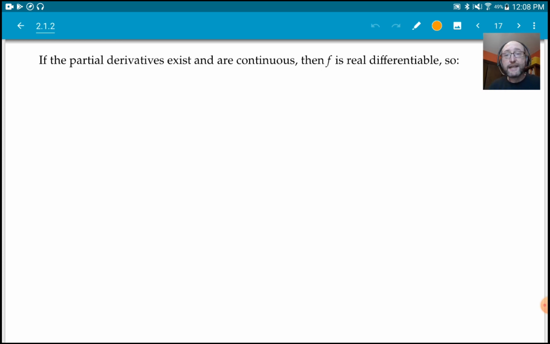However, if those partial derivatives are continuous, then it is a basic calculus theorem that it is real differentiable, that is, the matrix exists.